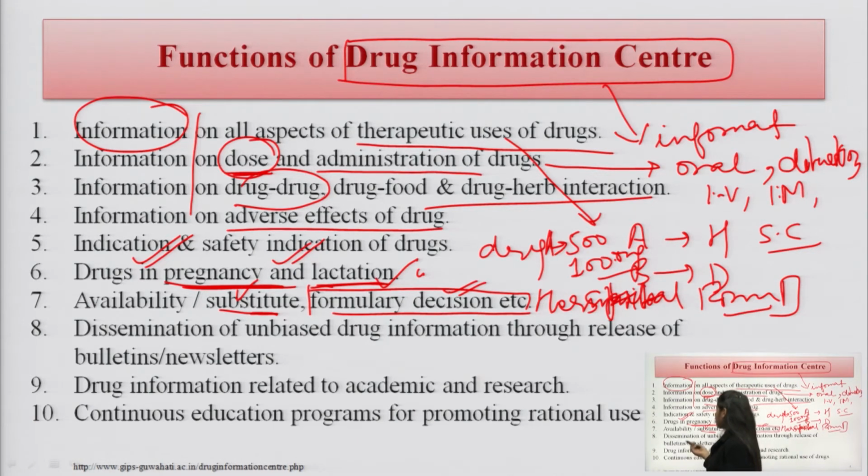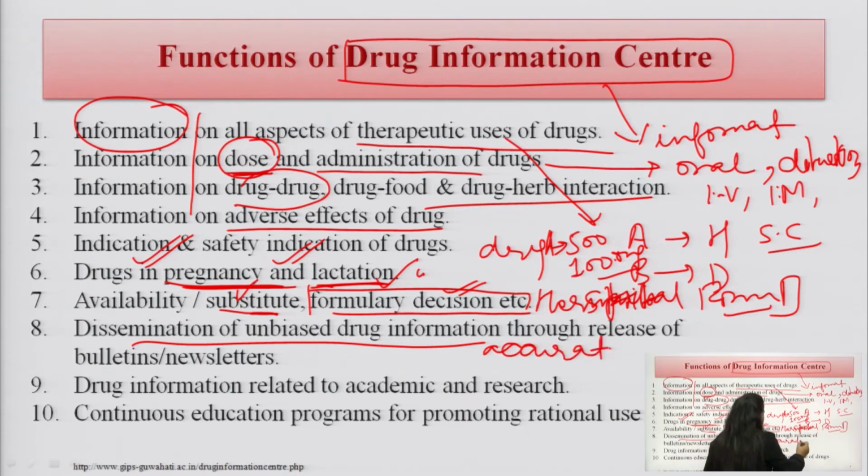There is also one function in the continuous education program. The professionals working in the DIC are also working for the dissemination of unbiased drug information. So they are giving information not for the sake of any company or any hospital, they are just giving information which is accurate and reliable.